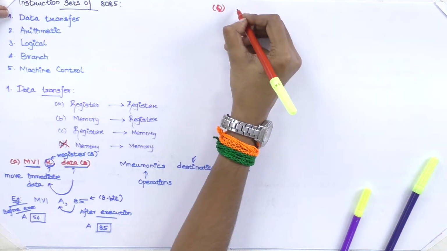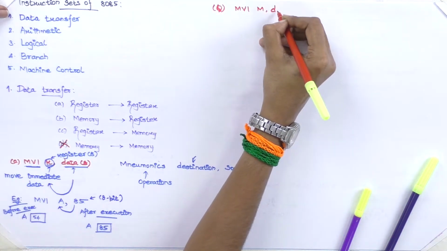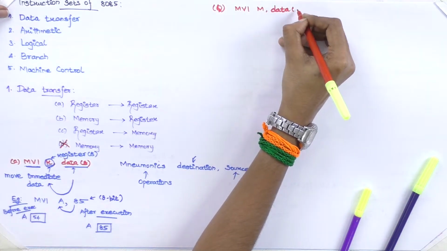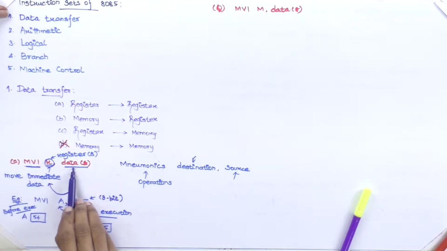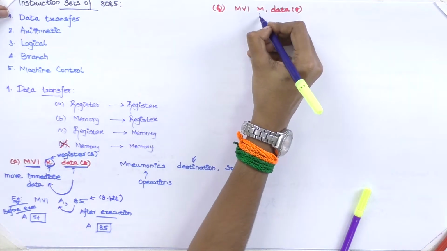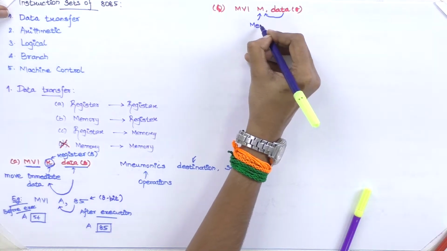So the next instruction is MVI M, data. Previously you were transferring the 8-bit data into a register. Here you are transferring the 8-bit data into the memory location.